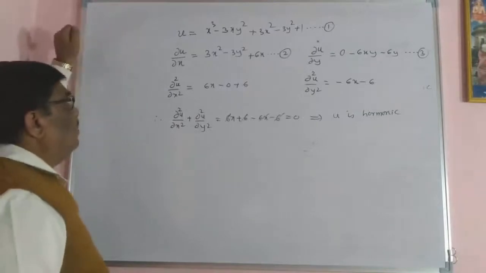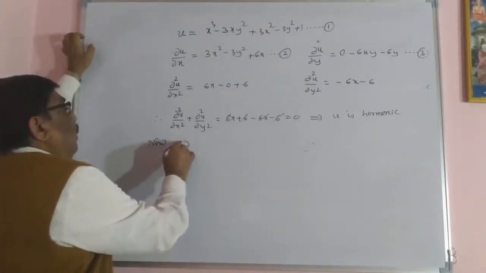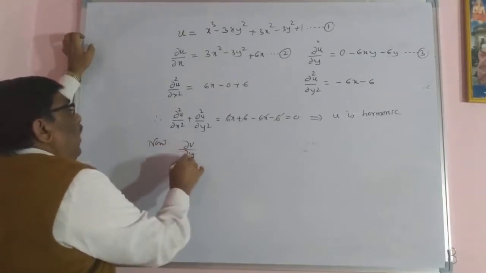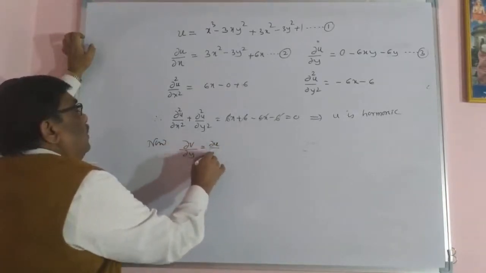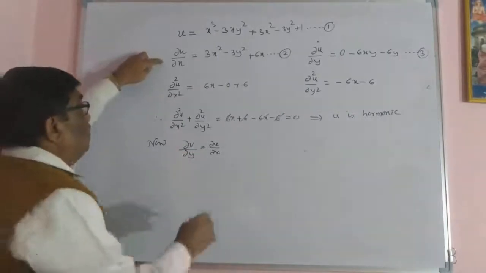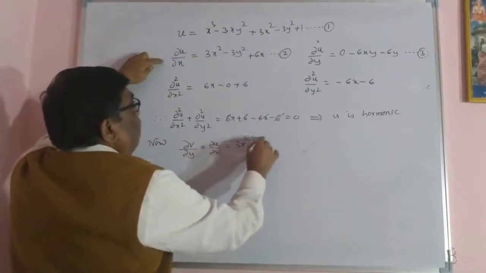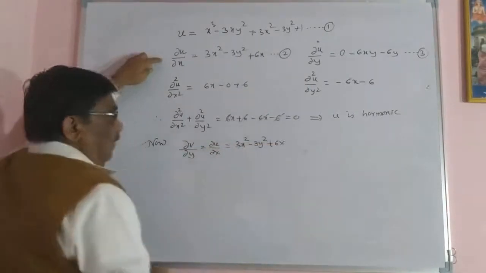Then let us construct that v. For now, consider dou v by dou y equal to dou u by dou x. It is the CR equation. Dou u by dou x, you know, is 3x square minus 3y square plus 6x.